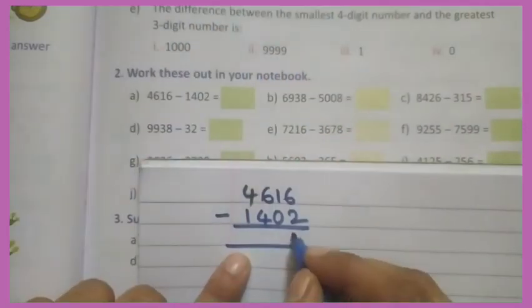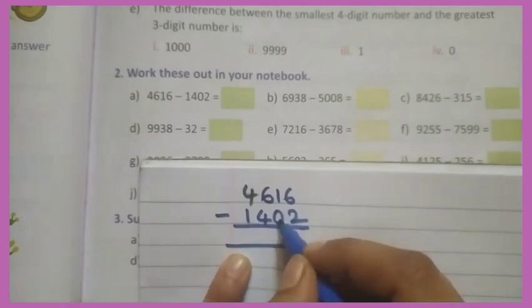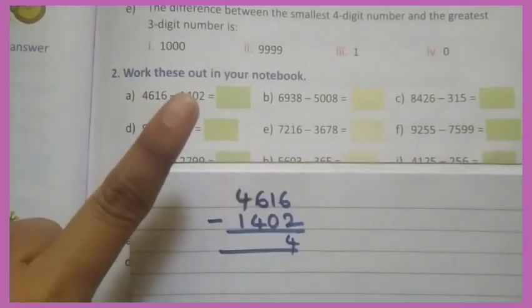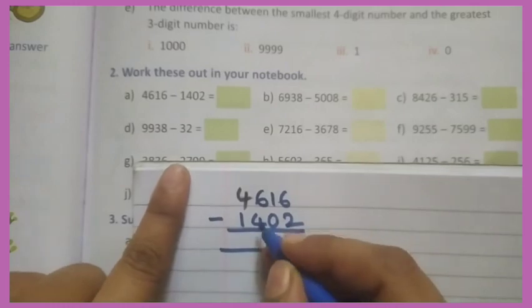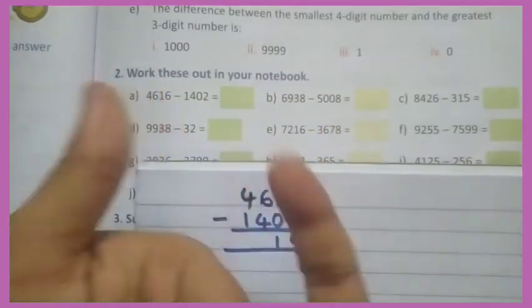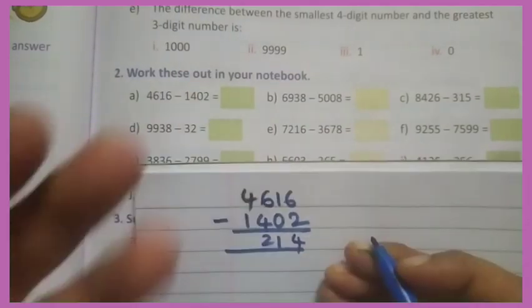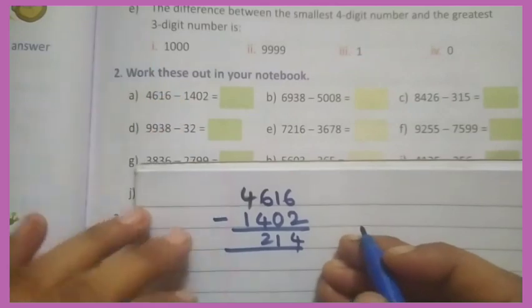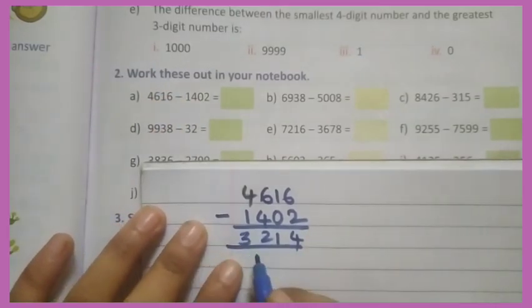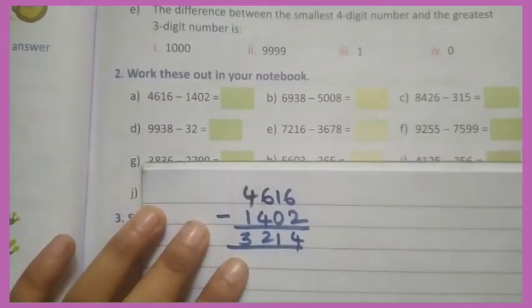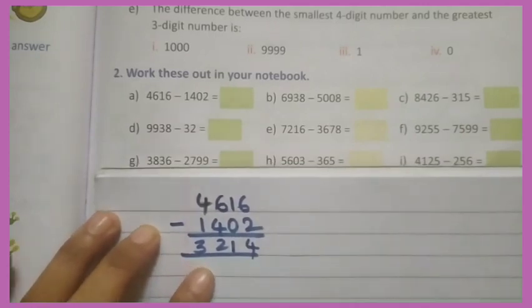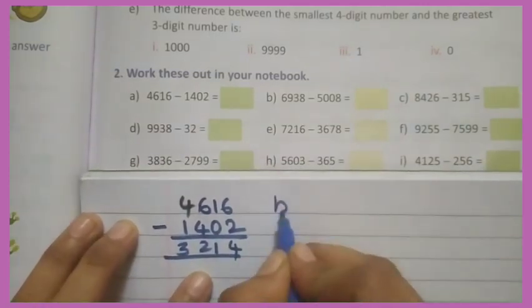So we'll write here 4. 1 minus 0, 1. 6 minus 4, how many left? 2. So we'll write here 2. Now 4 minus 1, 3. Therefore we got 3214.